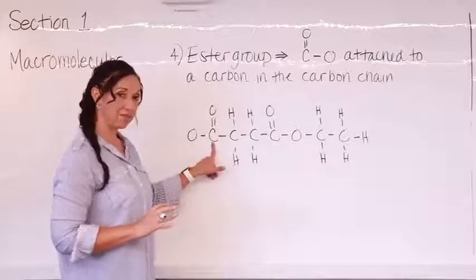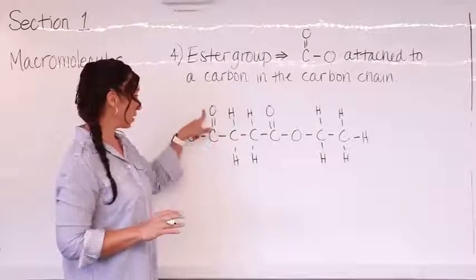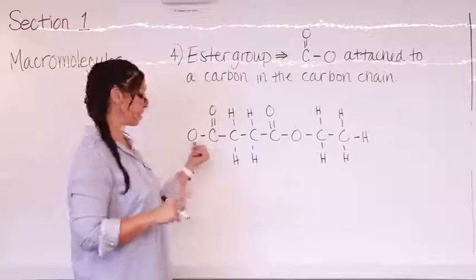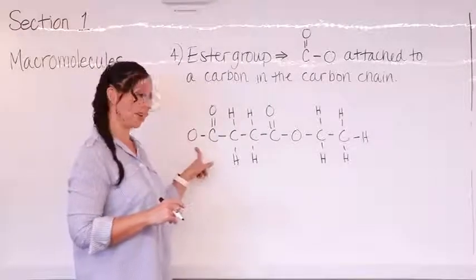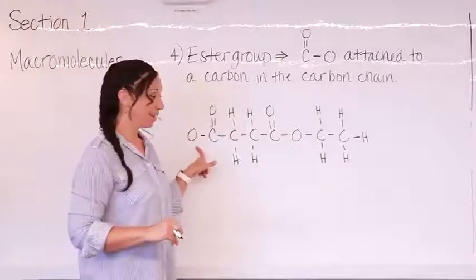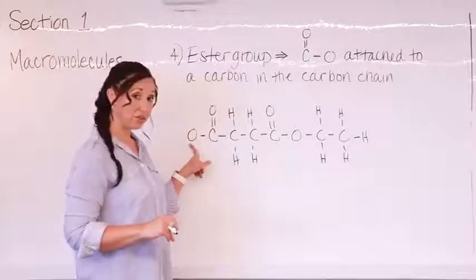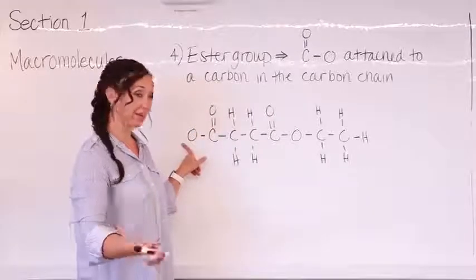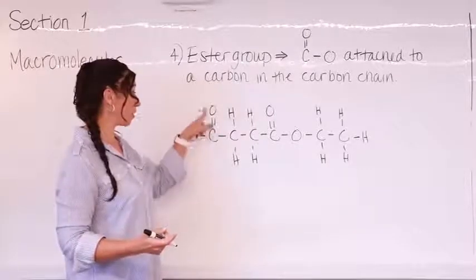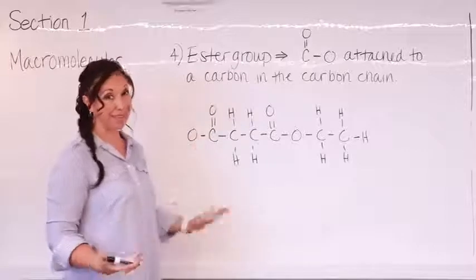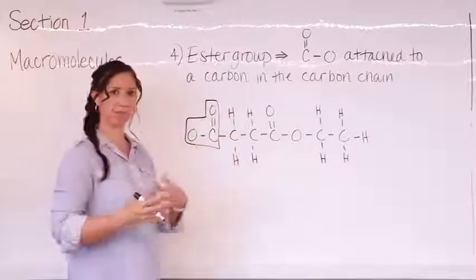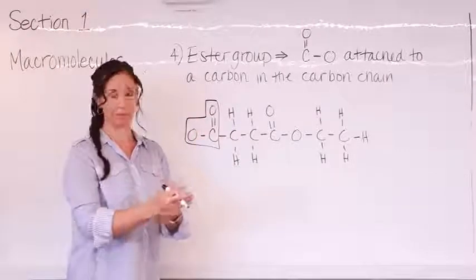Automatically at the very beginning of this chain, you can see that you have a double bond O and another oxygen. Since it's not an H, if this was an H, you would have said aldehyde. If this was an OH, C double bond oxygen OH, you would have said carboxylic acid. But since it's a C double bond O, O, that's an ester. So you just have to get used to how these functional groups look and how to name them.